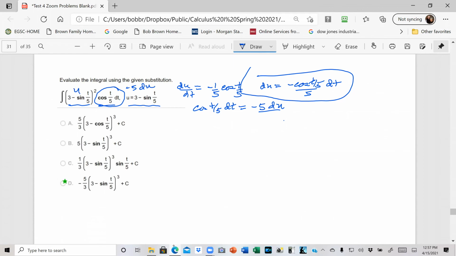So now the integral of 3 minus sine of t over 5 squared times cosine of t over 5 dt is going to be equal to the integral of minus 5 u squared du.